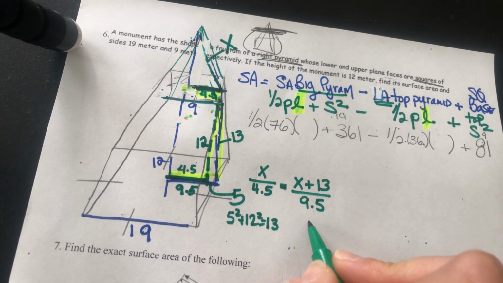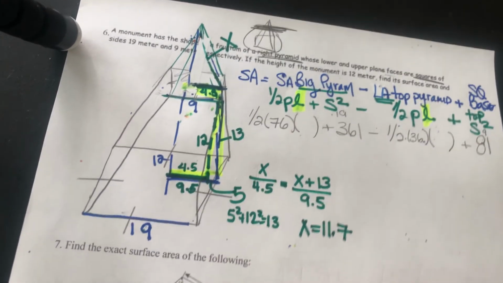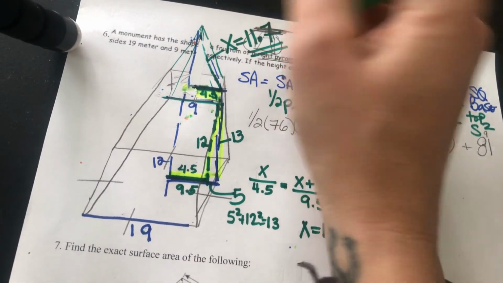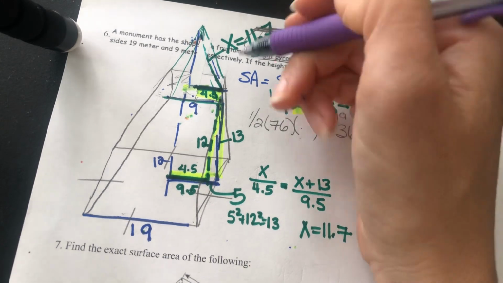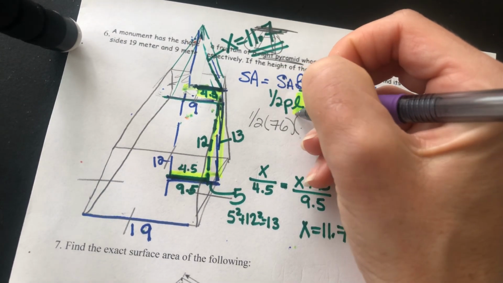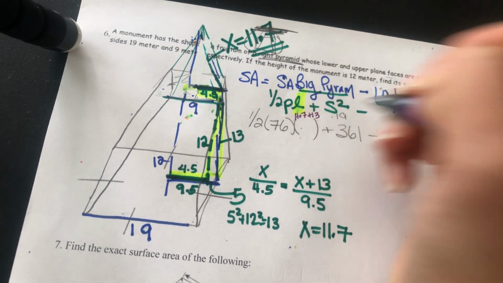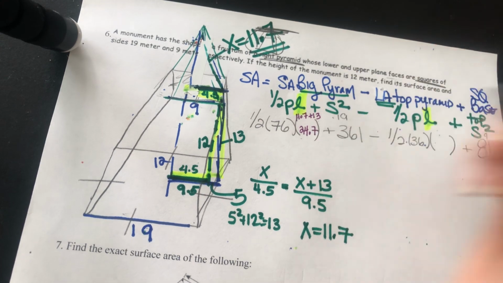Okay, and when you cross multiply, you should get X equals 11.7. So that means this value is 11.7. That's really important. That was the number we were kind of looking for, because now we can substitute it in. The slant height is the slant height of the whole cone, which is whole pyramid. 11.7 plus my 13, so 24.7.